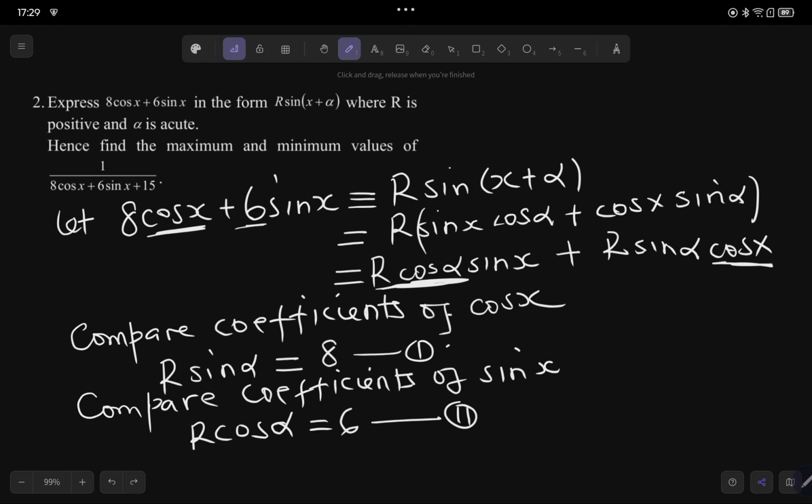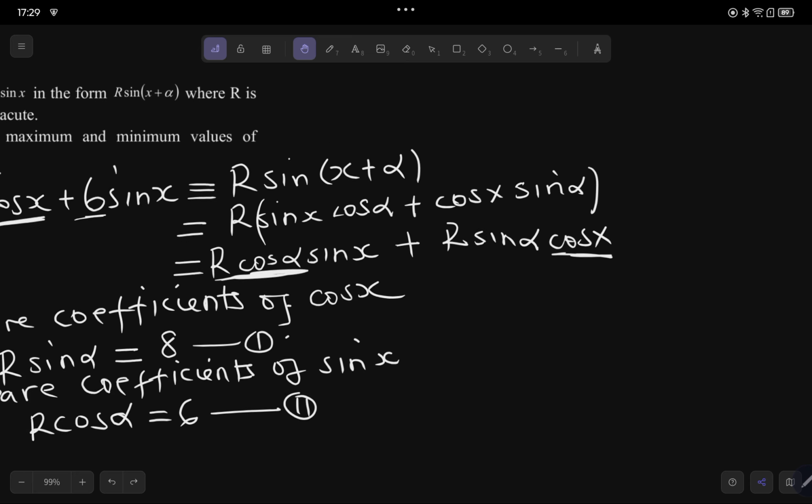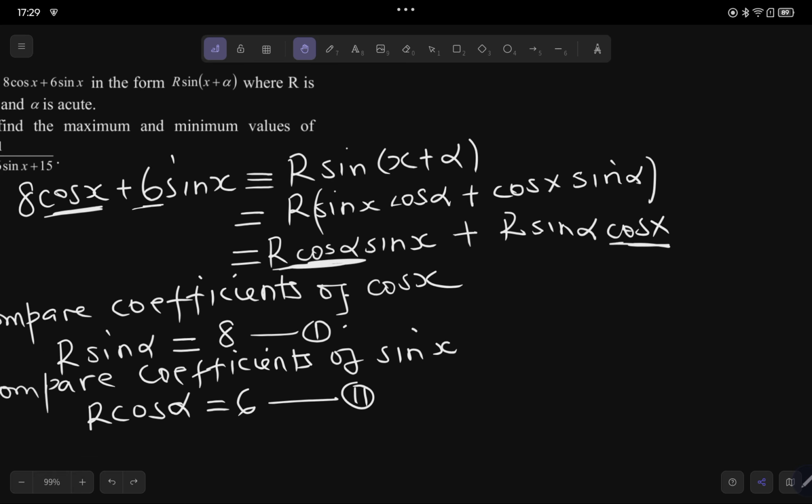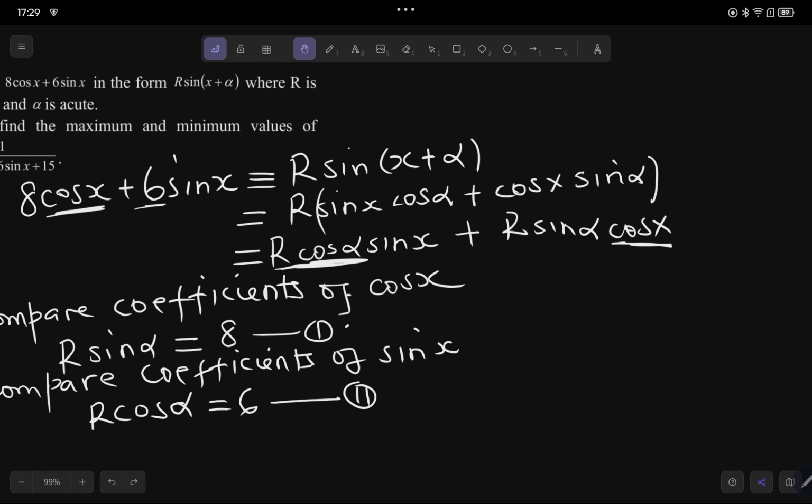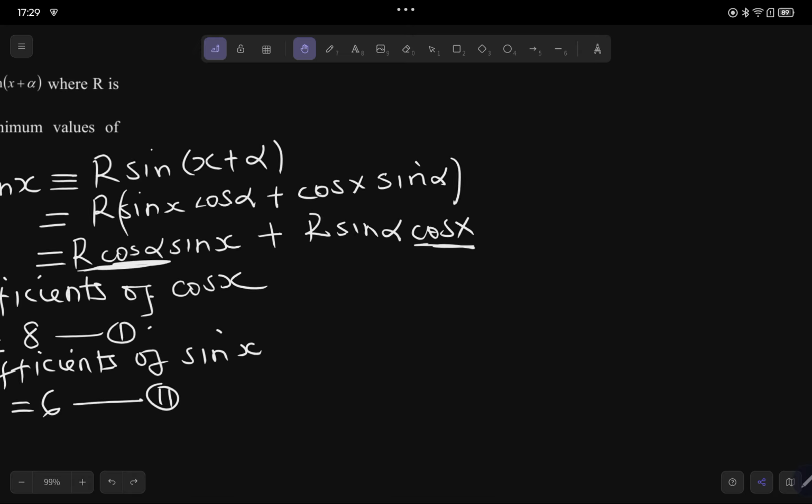Now I shall play with these two expressions to get the value of r and the value of alpha. Divide equation 1 by equation 2.